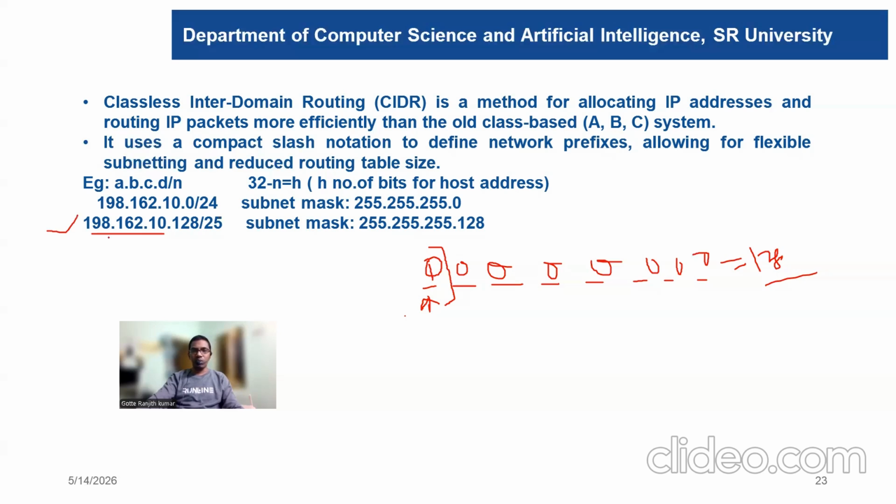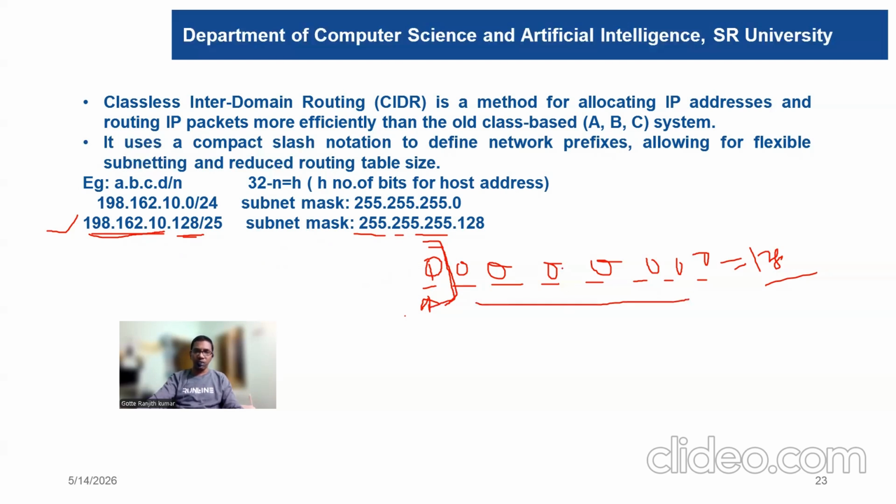Now coming to the subnet mask. 25 bits means the first 3 bytes represent the network address by default. That's why for the first 3 bytes I have written the maximum number, 255, 255, like that. But from the last byte, I am taking only 1 bit to make the total count 25. So this 1 bit is reserved for the network address, and the remaining 7 bits are the host address.